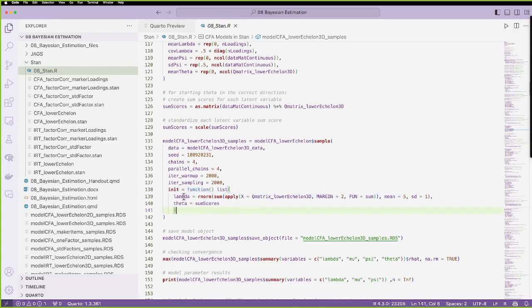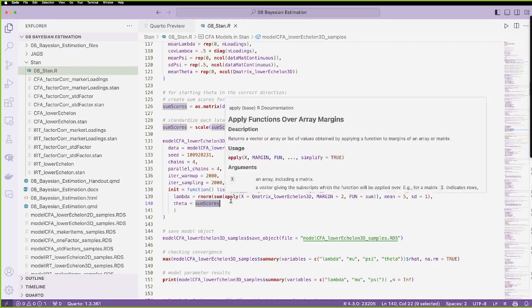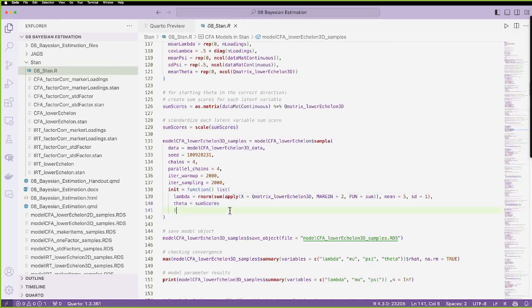So basically I'm starting all my lambdas using a random normal distribution with a mean of 5 and a standard deviation of 1. That's just the starting value, so they're all positive. And the next thing I do is I give a standardized sum score for theta. That standardized sum score basically allows me to keep theta and lambda in the right direction to make sure estimation works. Those of you who've tried really complicated models, and you know who you are, you'll know this only works sometimes, but it usually works for these models that we have in here sufficiently.